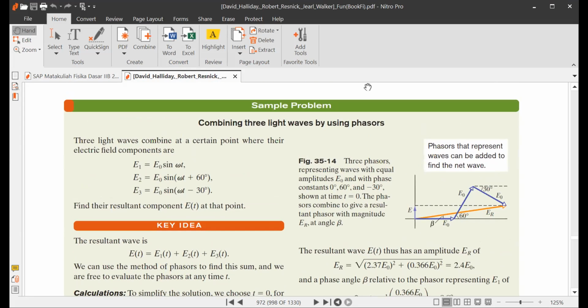This one we only consider the oscillation part, right?